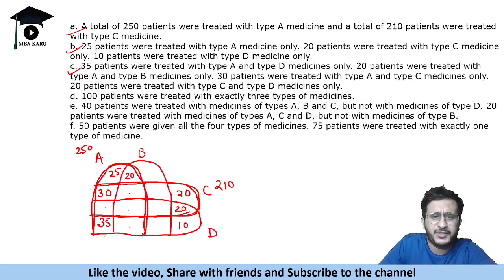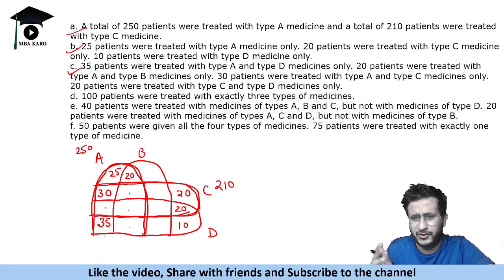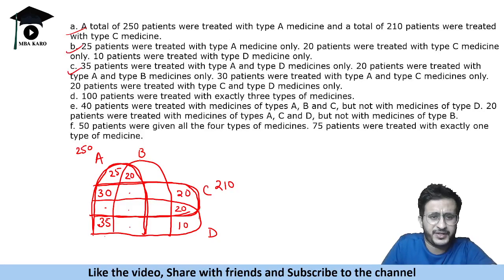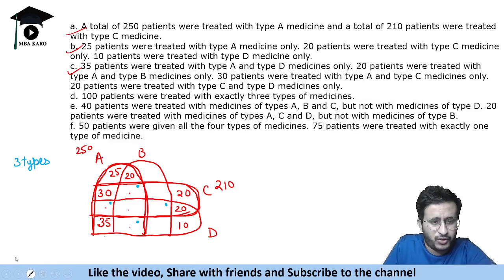100 patients were treated with exactly three types of medicines. So let me draw the region that shows three types of medicines. So this region shows three types of medicine. The blue one means three types. Then all four is the central one.